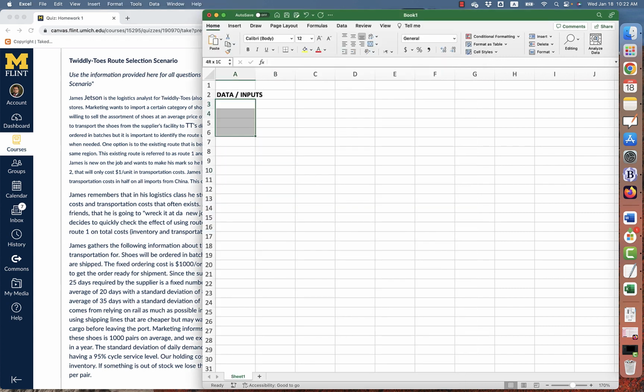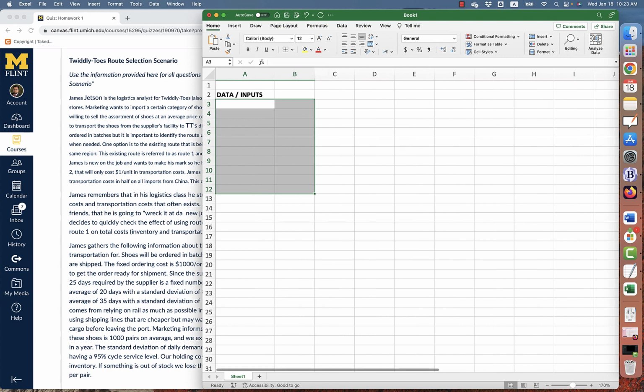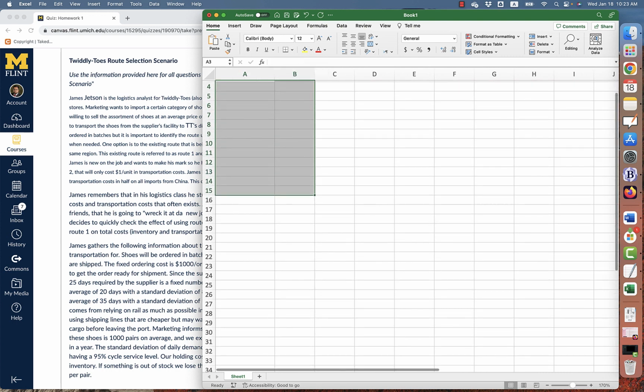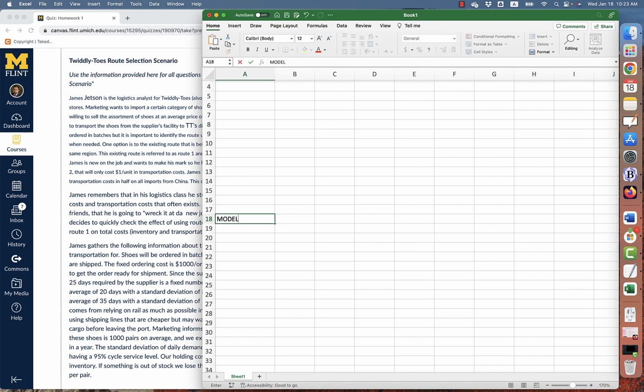So inputs are things which are not the result of our model. In fact, they are required information our model needs to work. So we'll put all the inputs together up here. Then somewhere down there, we will have our model/computation.